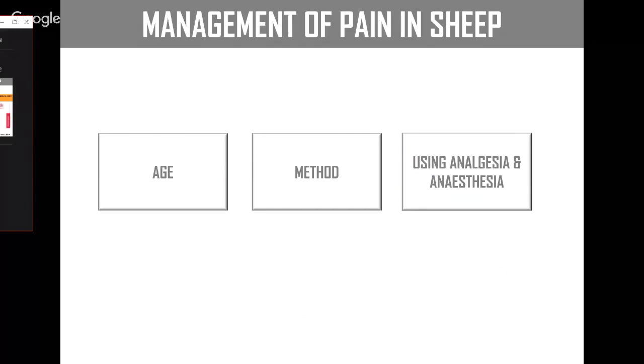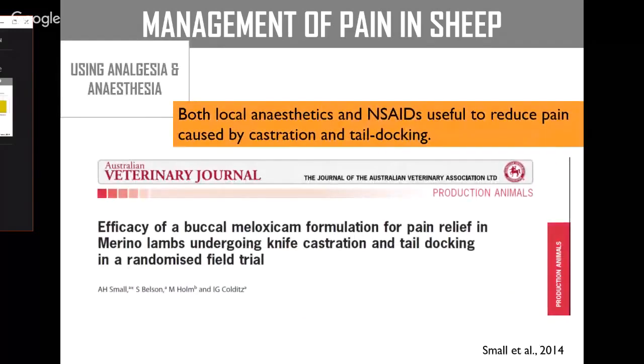So I think a clear advice is that always, or at least whenever possible, analgesia, and ideally analgesia and local anesthesia, should be used to reduce pain caused by tail docking and castration. And indeed, we do have very good evidence showing that both local anesthetics and NSAIDs, so non-steroidal anti-inflammatory drugs, are useful to reduce pain caused by these two husbandry practices.